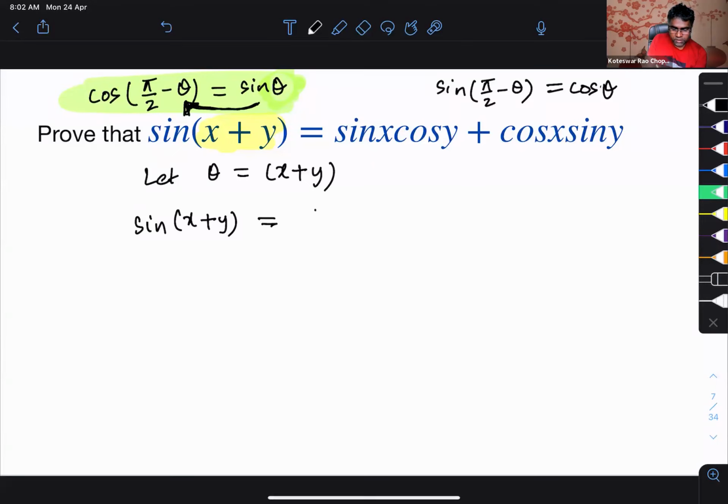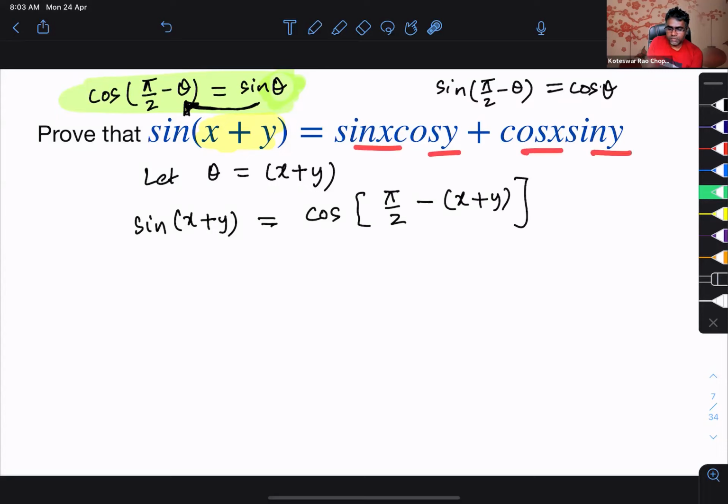is cos of pi by 2 minus x plus y. Okay, so this is what we're doing. And here, because we just want sine and cos with just x or y as the input, we know these identities with pi by 2.